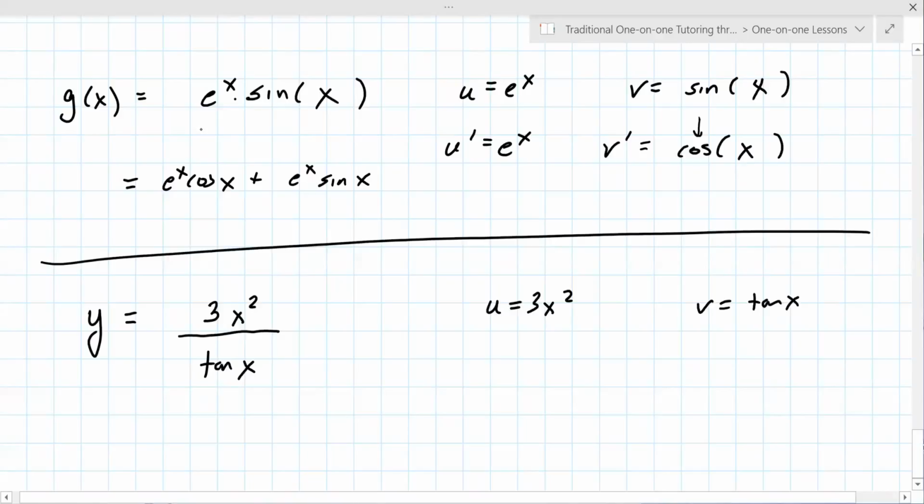I'm just looking back through the section, and in the book it only has y equals x squared sine x, basically.